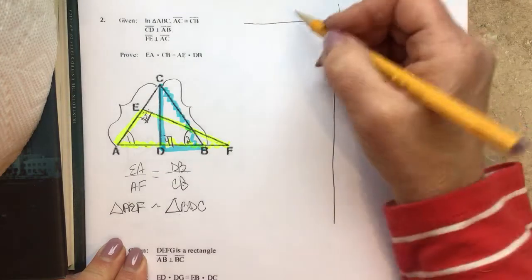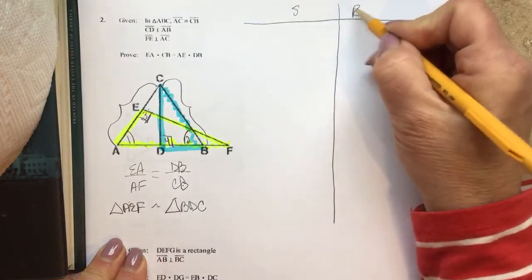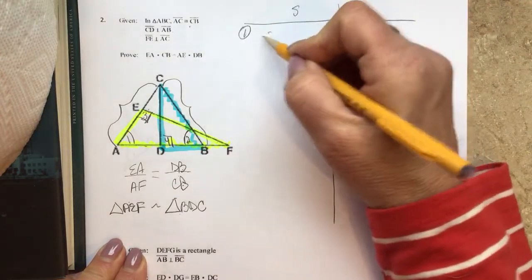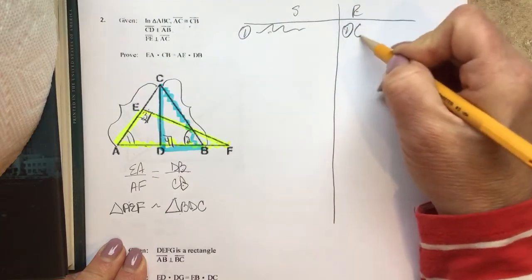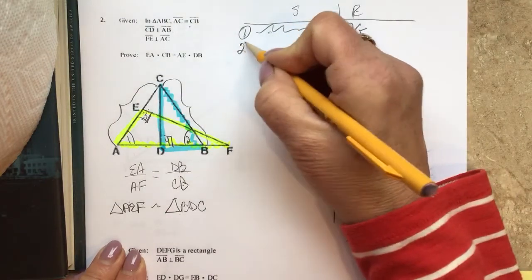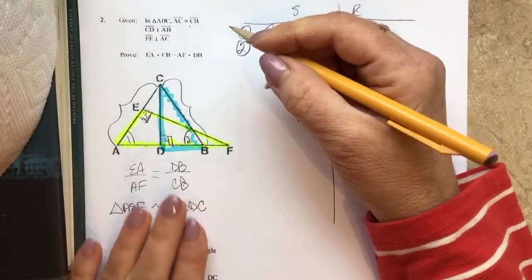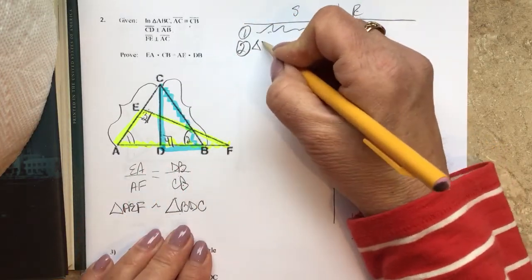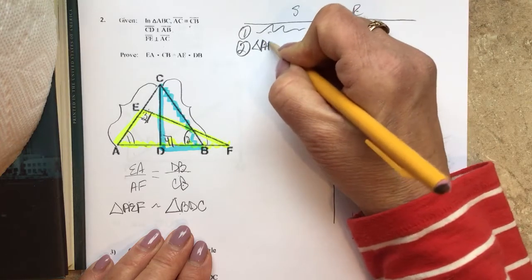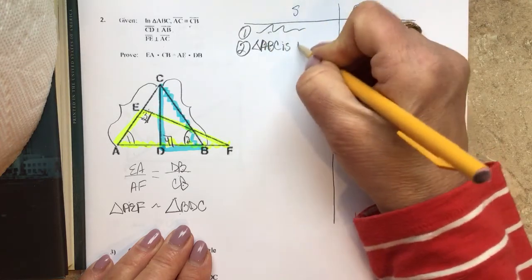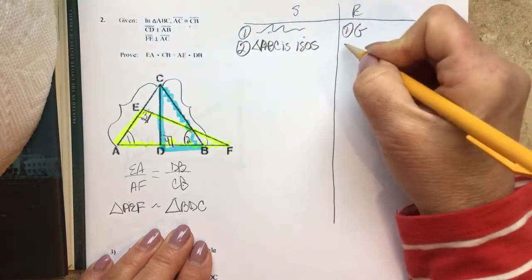Okay, good, I'm still in the picture. Statement reason. Number 1, I'm going to copy all that right here. So given. Number 2. All right, I'm going to go for angle 1 and 2 first. So I'm going to say that the triangle is isosceles. Triangle ABC is isosceles. How do I know that?